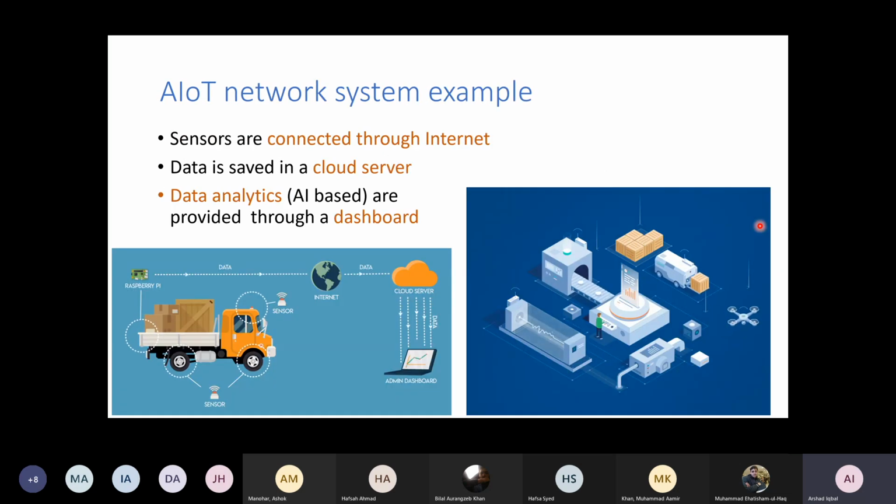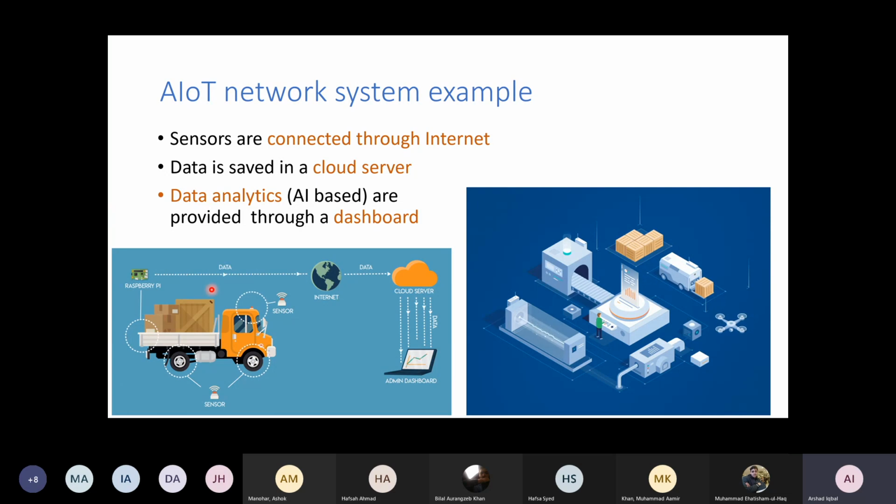AIoT network system examples: how an AIoT system works. Systems are connected through the internet, and data is saved in a cloud server. The data which is generated or processed is analyzed, and some information is extracted from it.